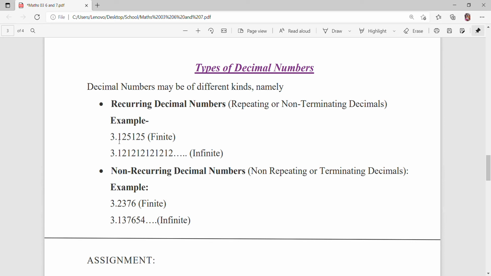Can I read this as 125? No, we read in a single digit way: 3 point 1 2 5 1 2 5.